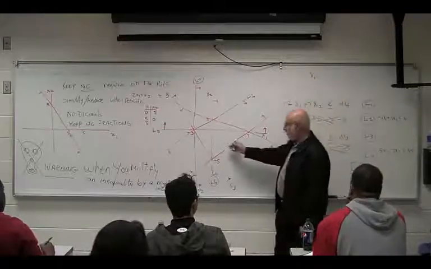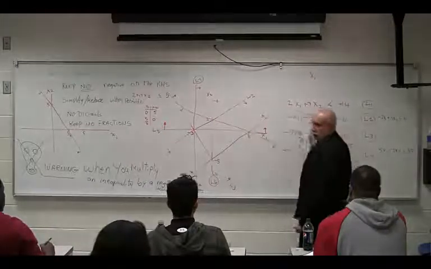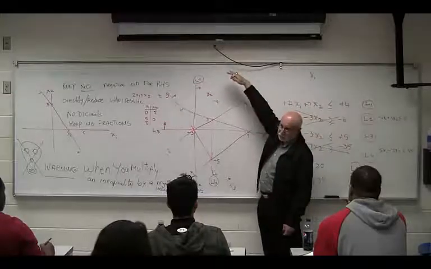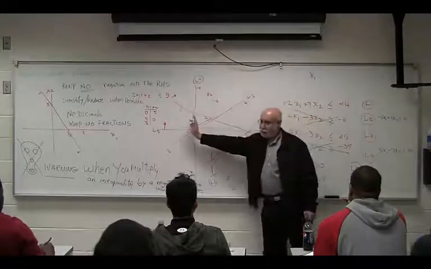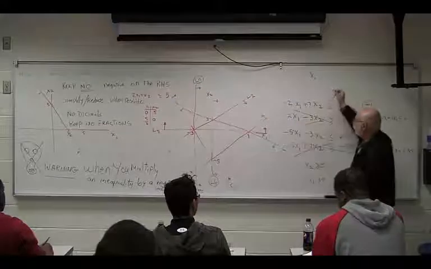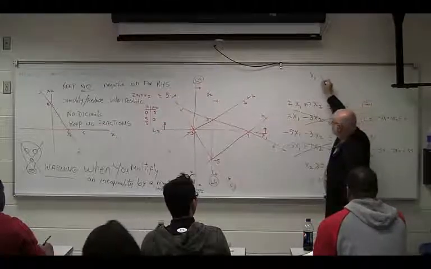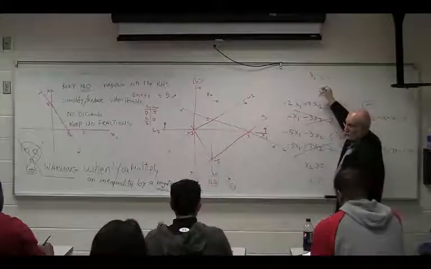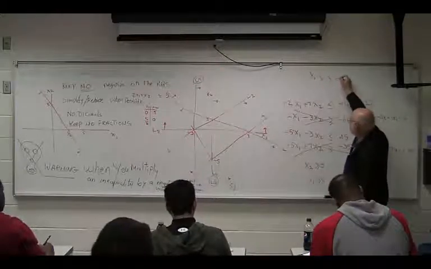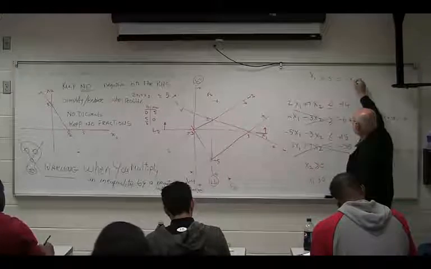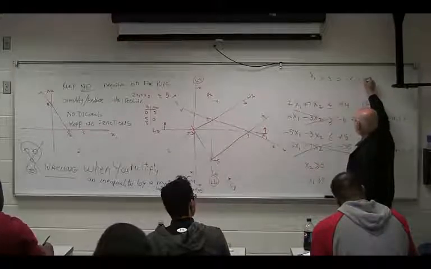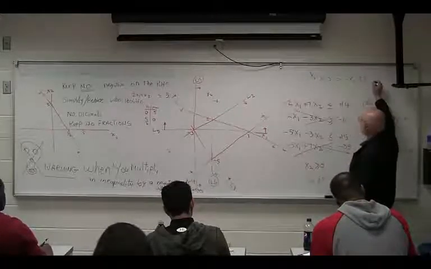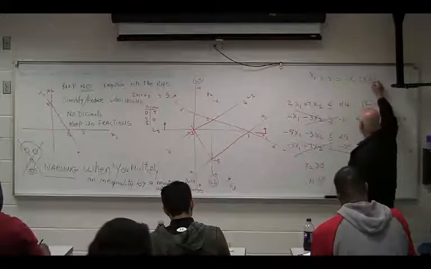It's x1. x1 greater than something. What is it greater than? -3. Do you keep it like that? So you say minus x1 less than or equal to 3. That is my L7.